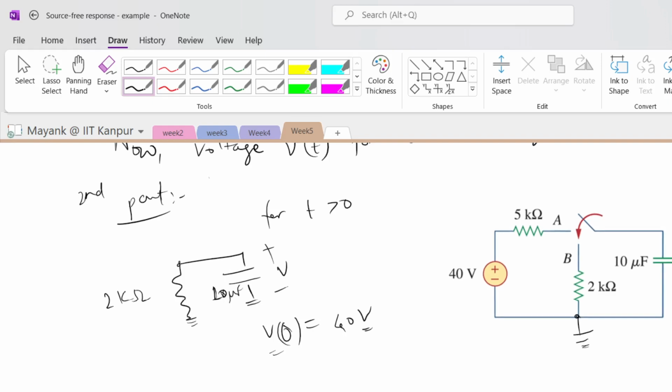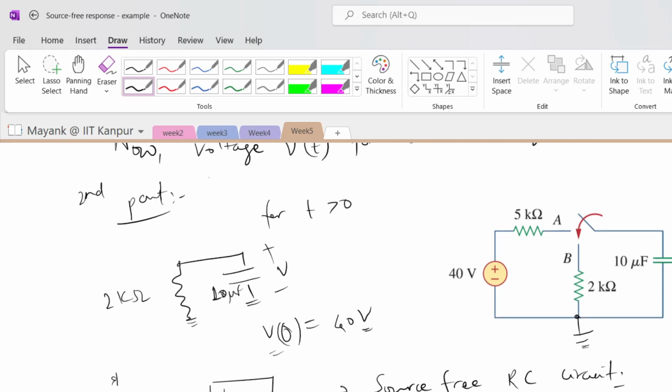For that we remember that for any first order RC circuit which is charged to a particular voltage, let me remind you. If I have a capacitor like this and a resistor, in this case R and C, and the capacitor is charged with some initial voltage V0, this is the classic example of a source free RC circuit, isn't it? So how is the response of this source free RC circuit?